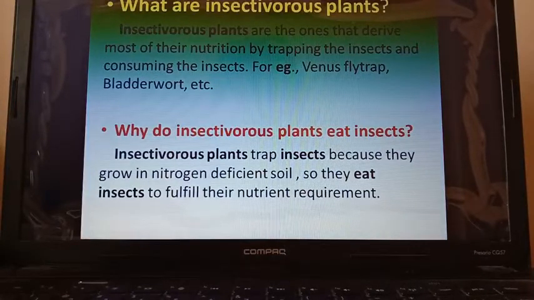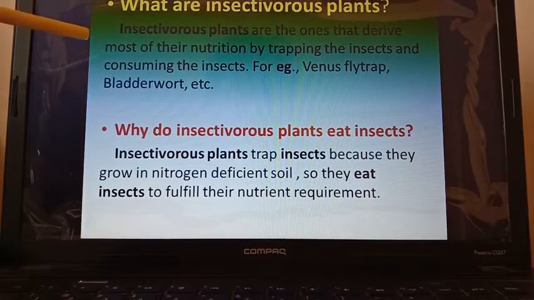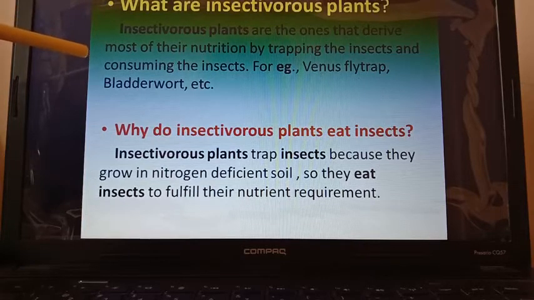Now, what are insectivorous plants? Insectivorous plants are the ones that derive most of their nutrition by trapping and consuming insects.